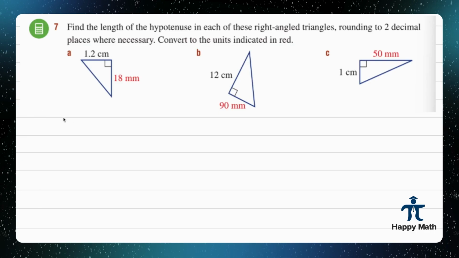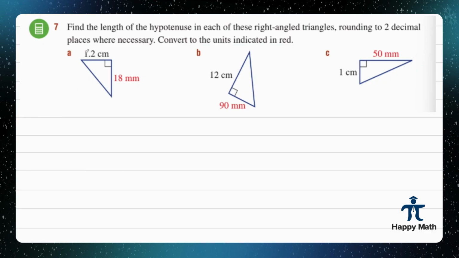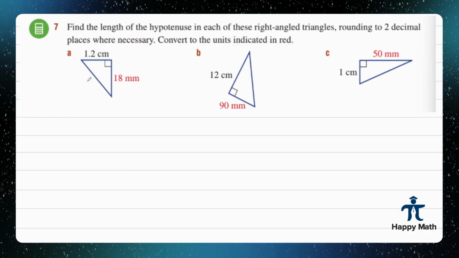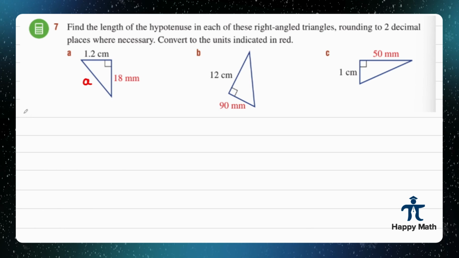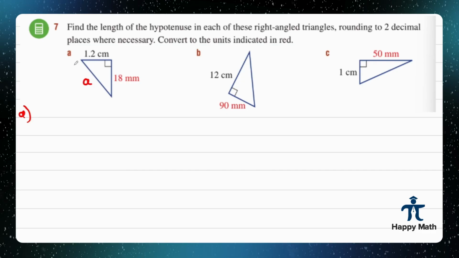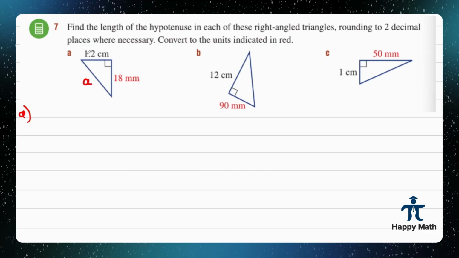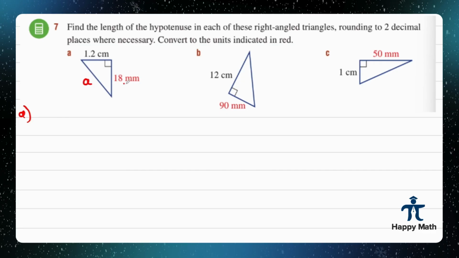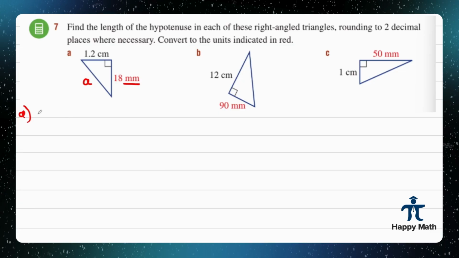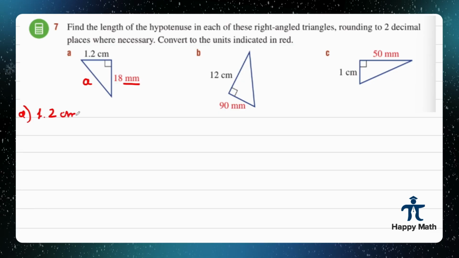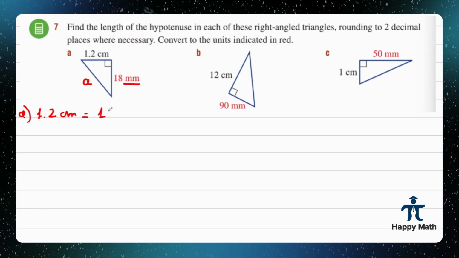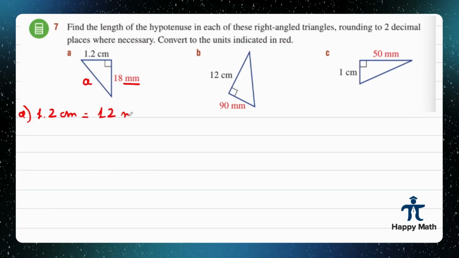For example, question A. Here, the side of the hypotenuse will be A, but before calculating, I need to convert 1.2 centimeter to millimeter, so 12 millimeter.